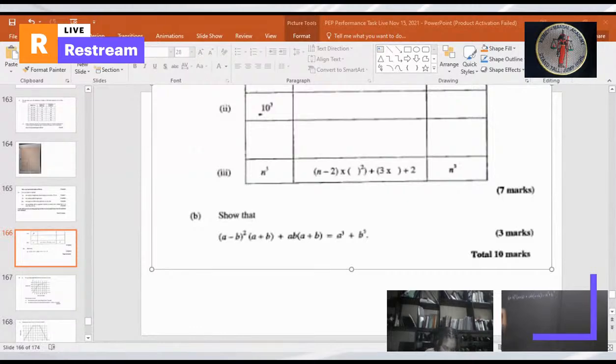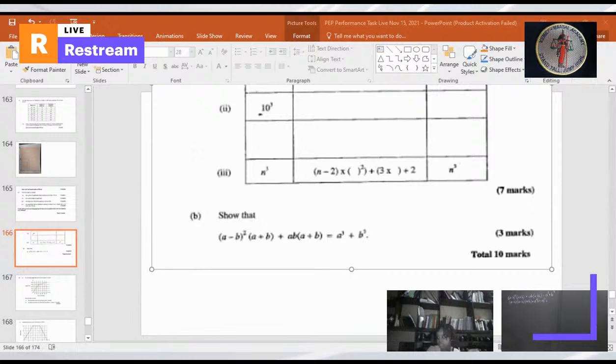All right. So a minus b squared would be a minus b times a minus b, and then this: ab times a is a squared b, and ab times b is ab squared.